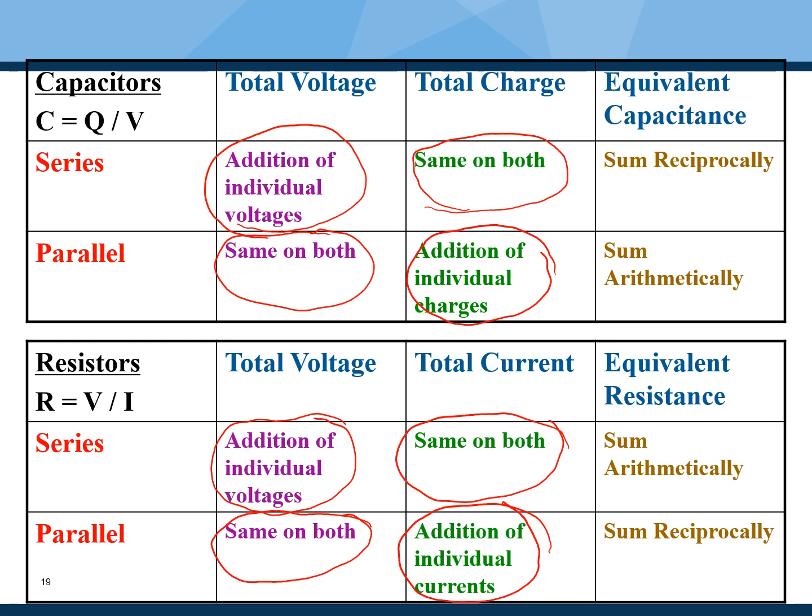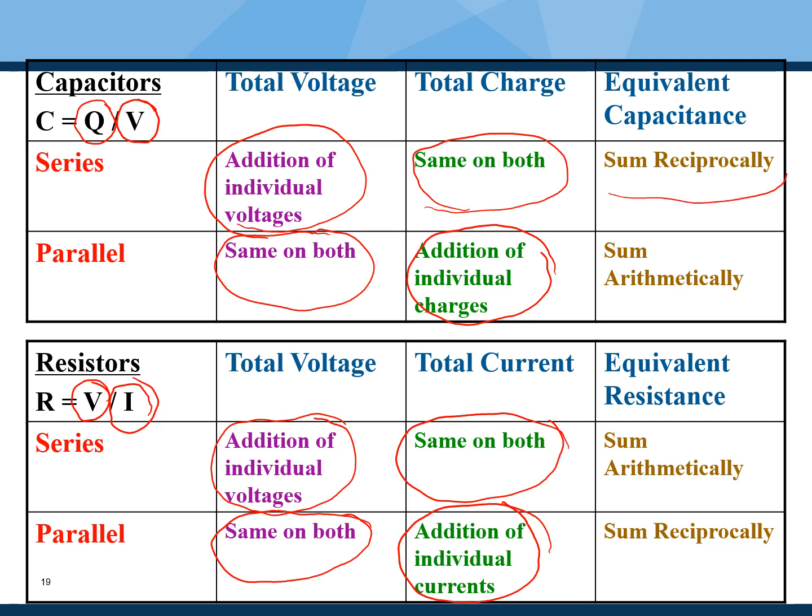In other words, the voltage appears in the denominator when defining capacitors. The voltage actually appears in the numerator when defining resistors. And if you think about current flow as just being the motion of charges, then the charge part appears in the numerator when defining capacitors, and the charge per unit time, which is current, appears in the denominator when defining resistors.